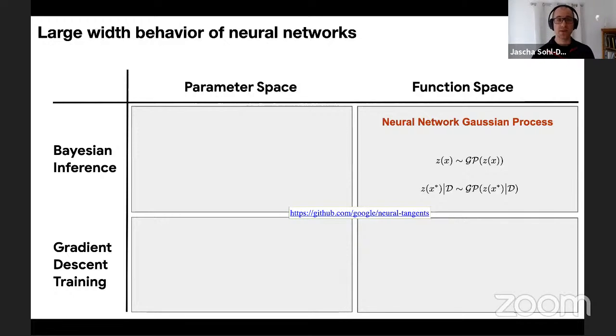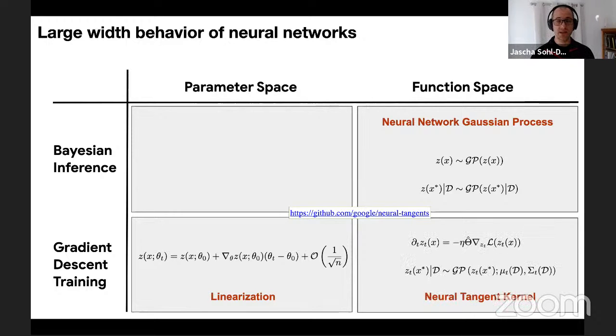Specifically, sufficiently wide neural networks behave as linear models around their initialization throughout gradient descent training. In parameter space, this means that the model can be replaced by its first order Taylor approximation, while in function space, this means the predictions of the model become the same as those from a kernel machine.